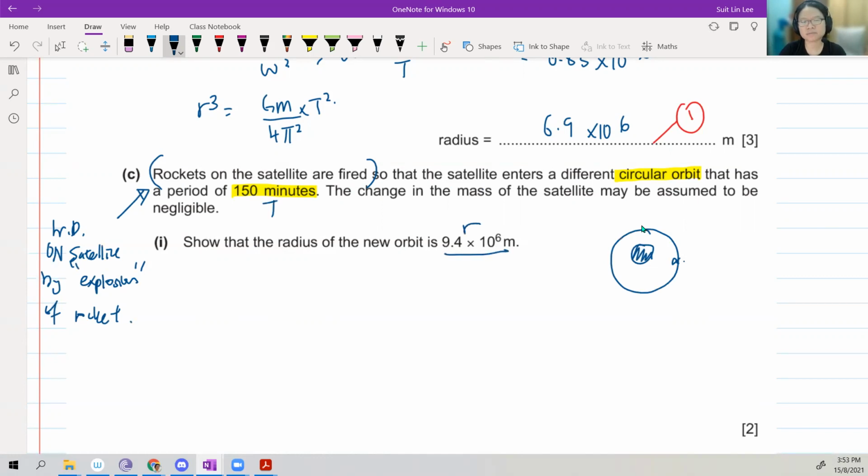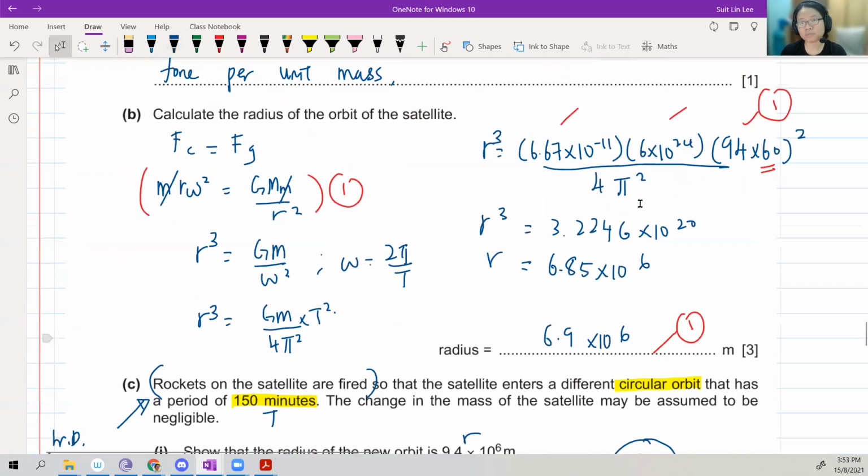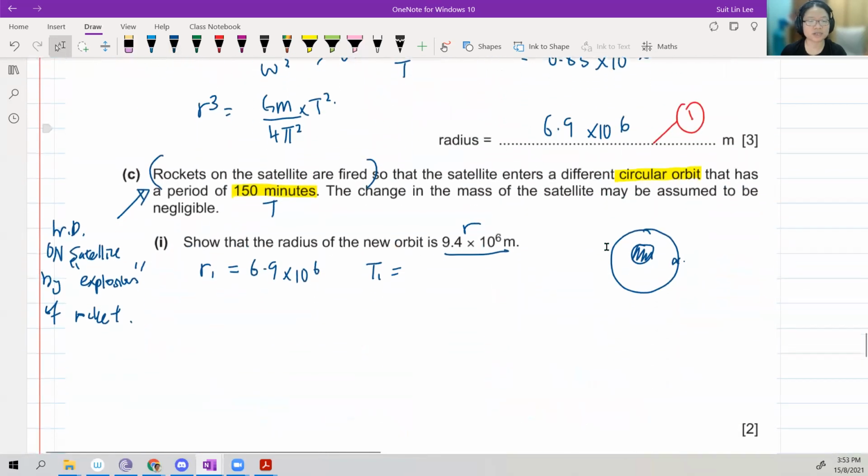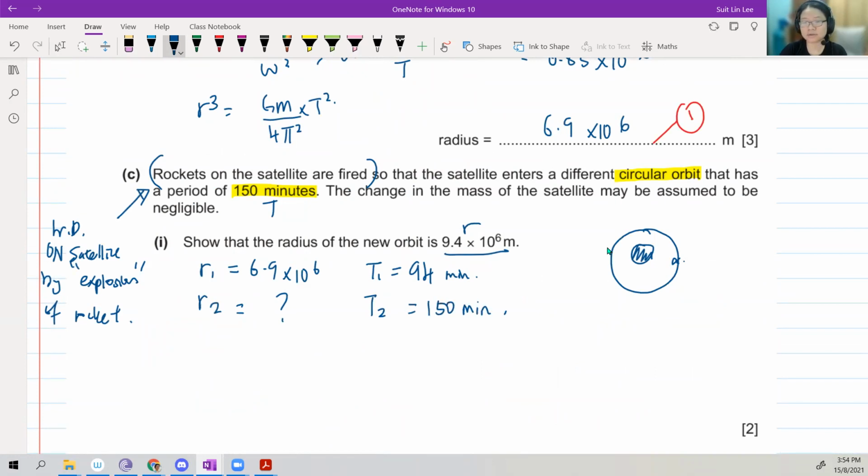This is T. So basically I have R1, which is the first radius, 6.9 times 10 to the power of 6. T1 was 94 minutes. This is the first radius. And then I now want to find R2 when my T2 is 150 minutes.